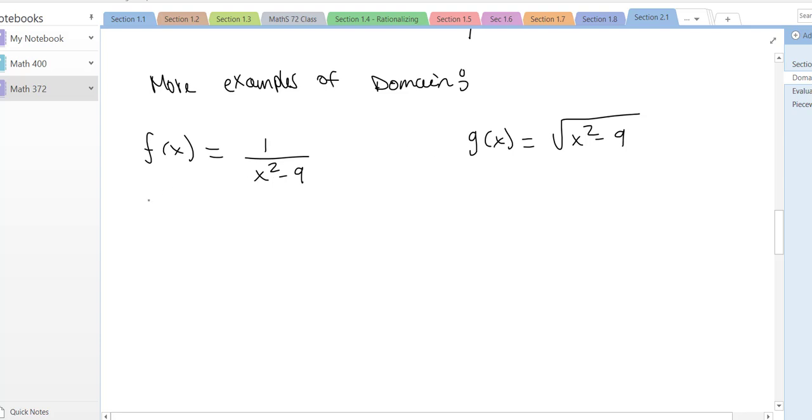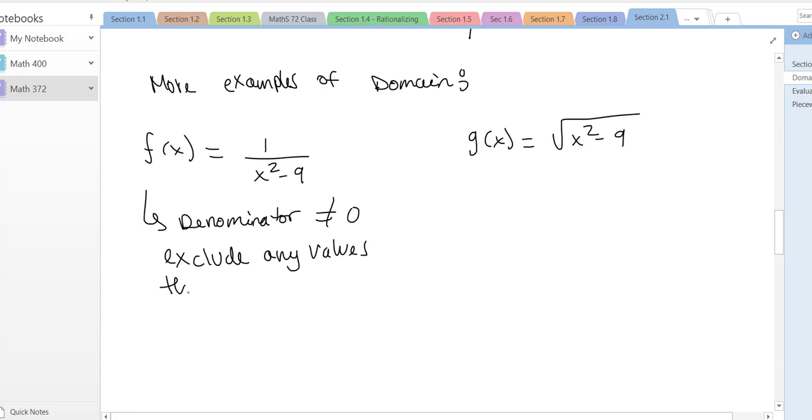So in this case, we have a denominator, and the denominator cannot be 0. So that means we're going to exclude any values that make x squared minus 9 equal to 0. So let's solve that equation for x.